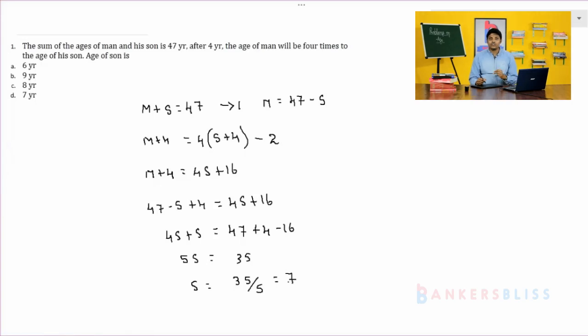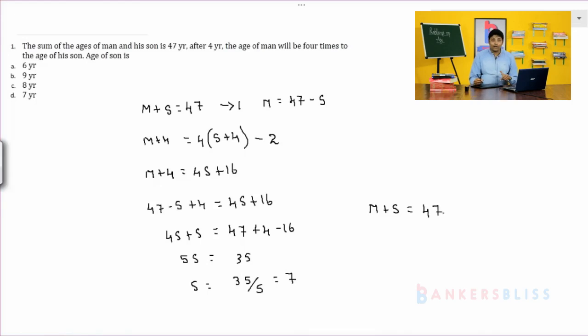Let us go to the second approach, that is the ratio method. How can we implement the ratio? The sum of the ages of the man and his son is 47 years. After 4 years the age of the man will be 4 times the age of the son. So man plus son is equal to 47.